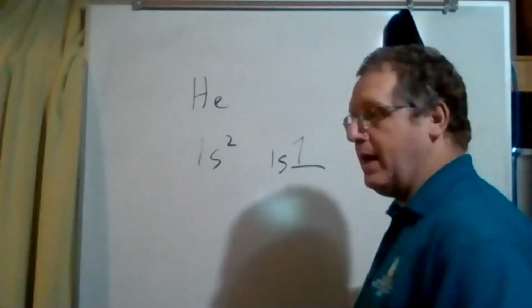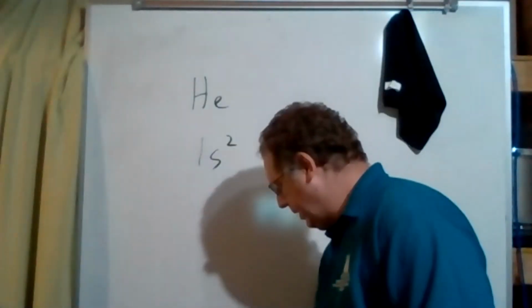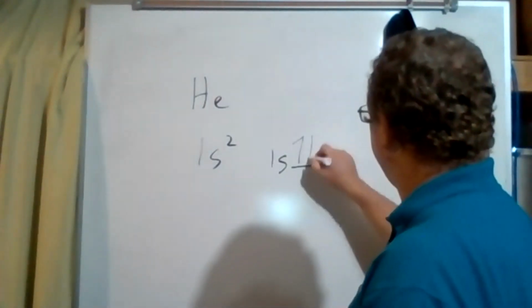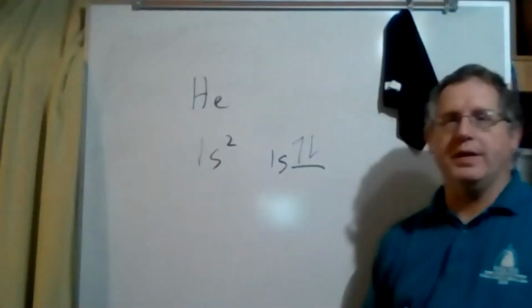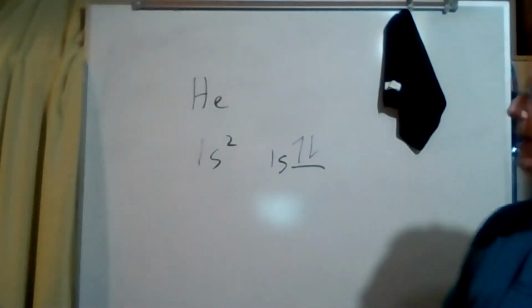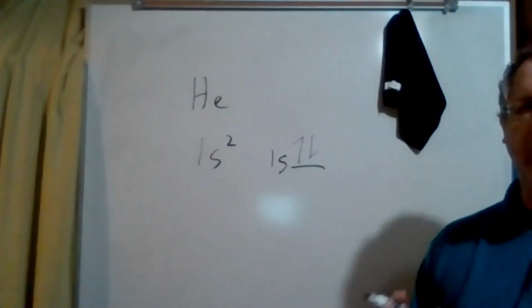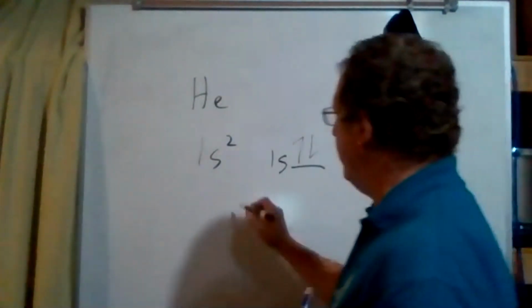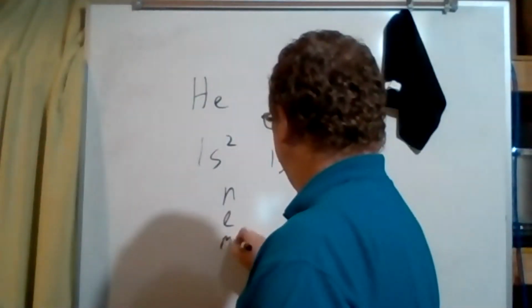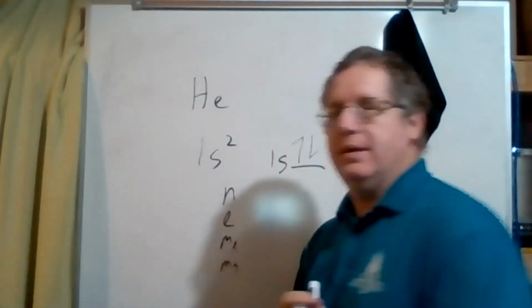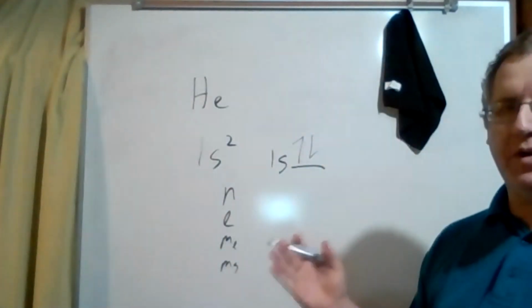Whoops, not going to use that marker. Okay. And that one's purple, whether you can see the purple or not, okay? When I take a look at this, each electron is going to have its own set of 4 quantum numbers, n, l, ml, and ms. Okay, so this comes fairly simply.